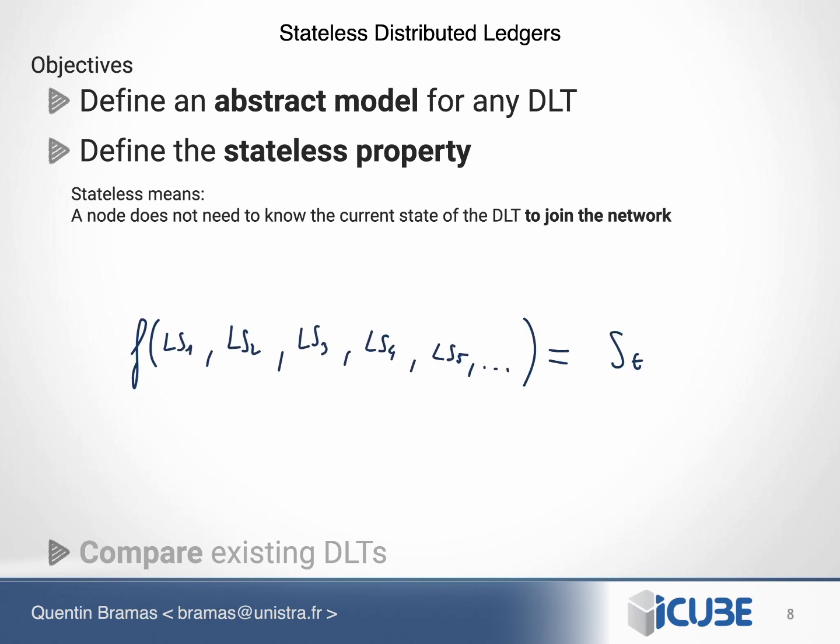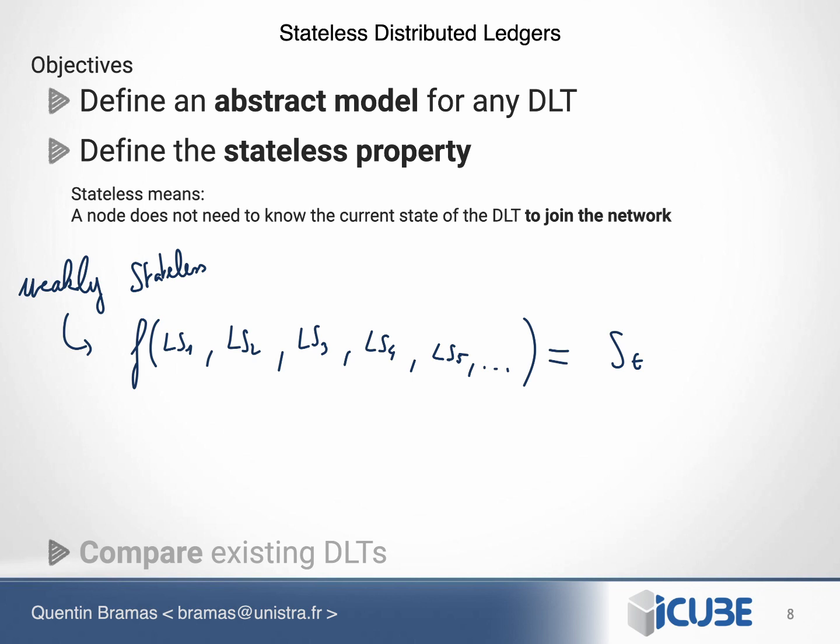So a DLT is weakly stateless if one can deduce what is the current correct state of the DLT from all the received local states. In other words, if there is a function F taking all the received states, L1, L2, and so on, and returning the current state.